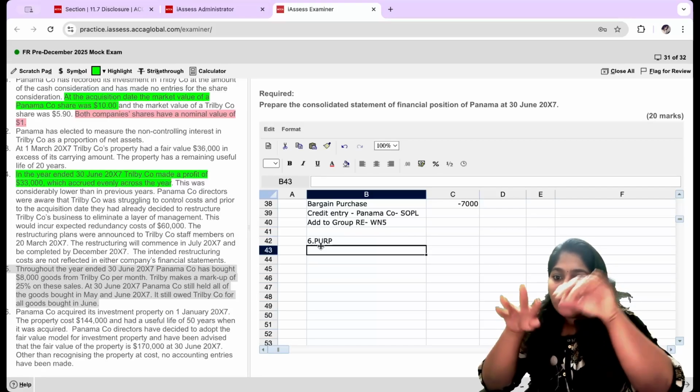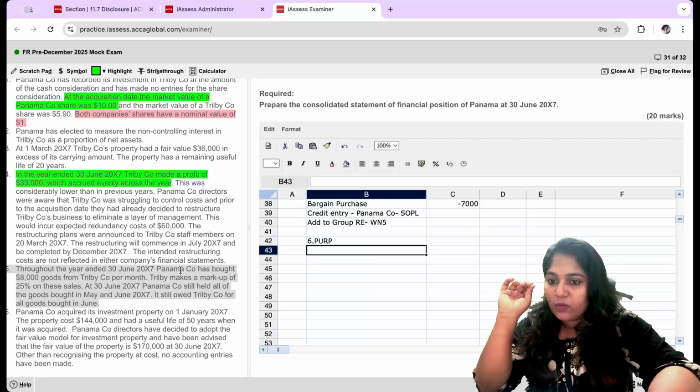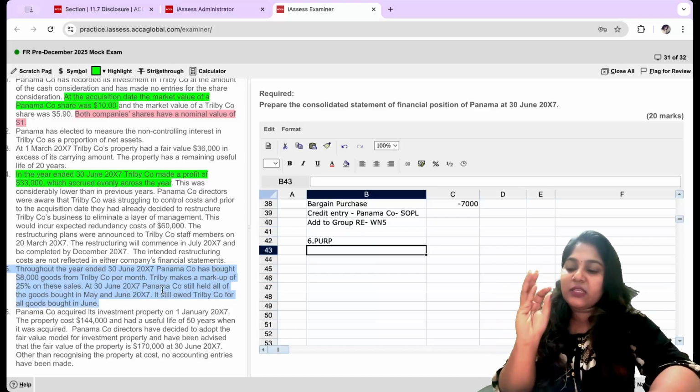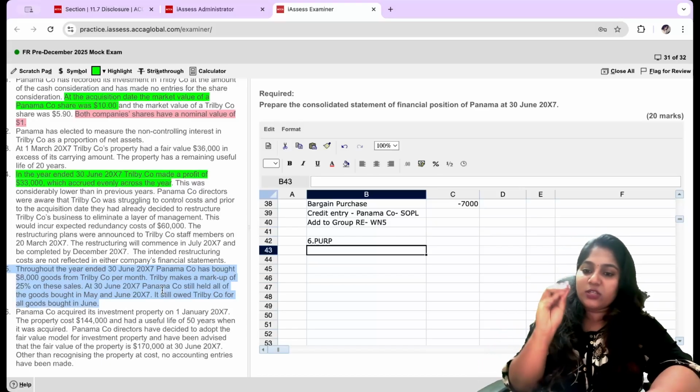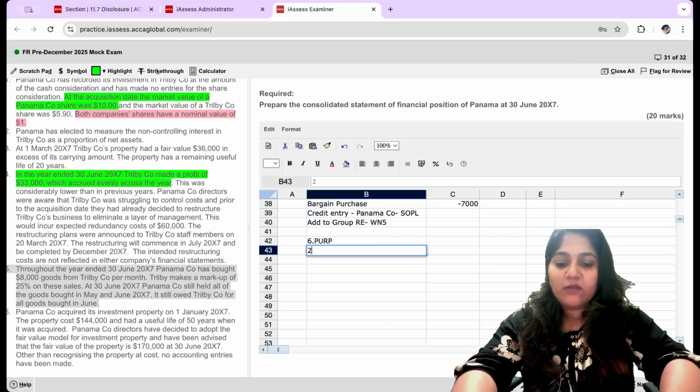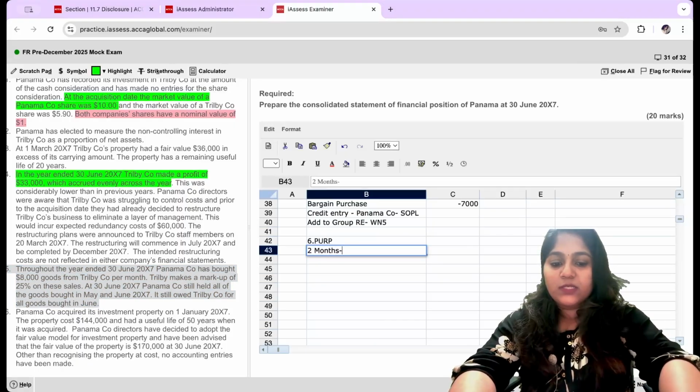But however, Triply company made some markup of 25% on these sales. At 30th June X7, only the goods of May and June, 2 months, are the ones lying in the inventory.